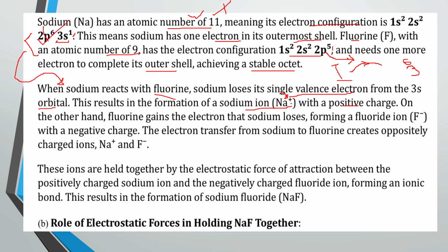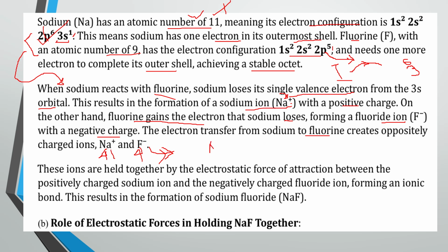And on the other hand, fluorine is going to gain that electron that sodium has lost to form the fluoride ion with a negative charge. So the electron transfer from sodium to fluorine is going to create charged ions, and that's going to be the sodium ion together with the fluoride ion. Now from here, what I missed out that may add you marks is writing the equations of how these two ions are formed.